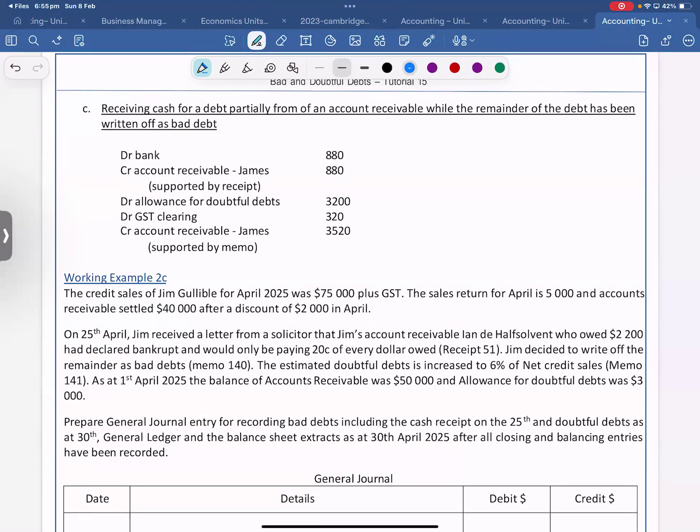So if you have a receipt, this is how you will do it. Otherwise, I'm explaining how we do it as one complete set of double entries. This one we have two sets. Why? Because we have two sources of income.